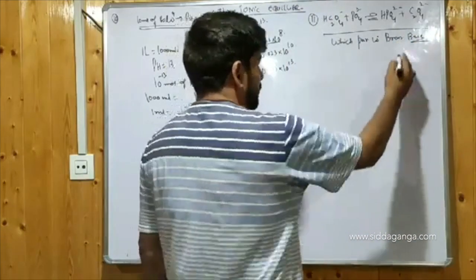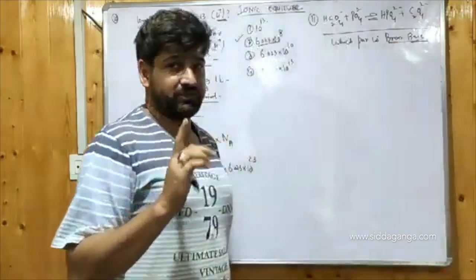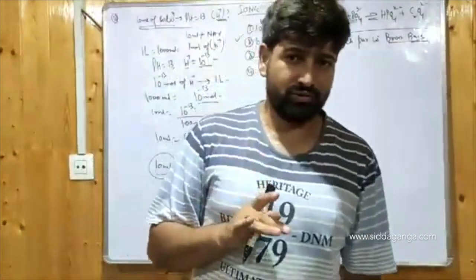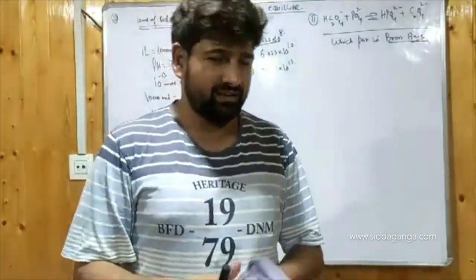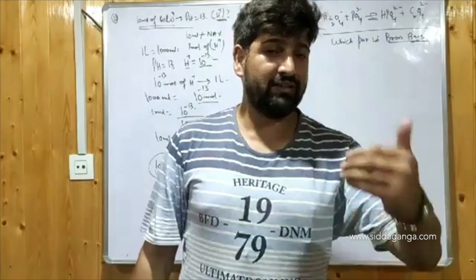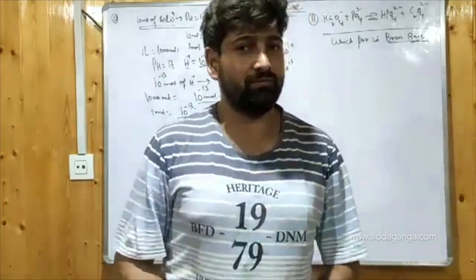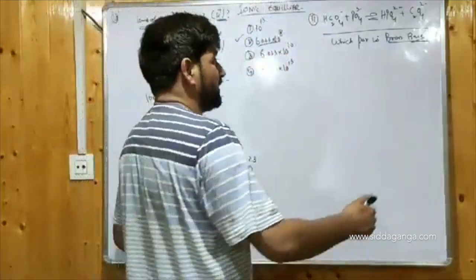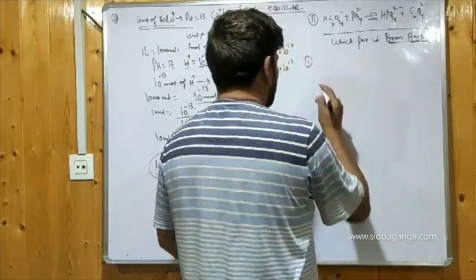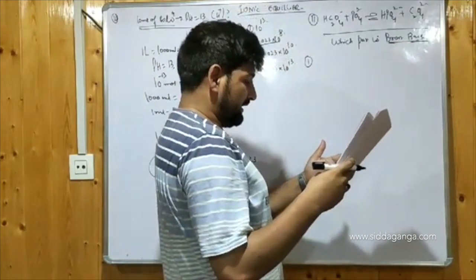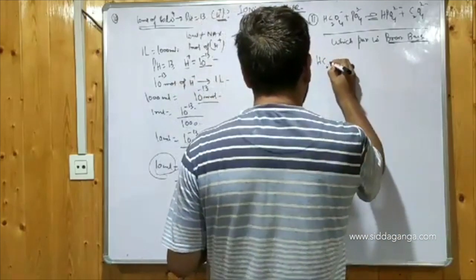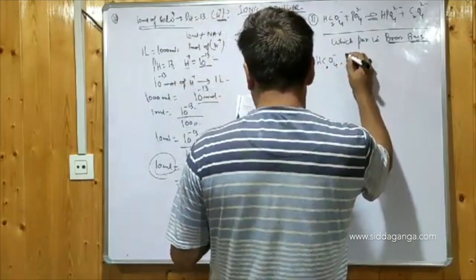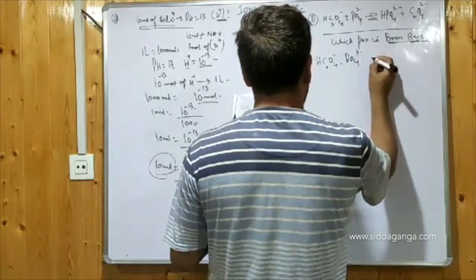Yes. So we have three concepts of acids and bases: Lewis concept, Bronsted-Lowry's concept, and Arrhenius concept. According to Bronsted-Lowry's concept, anything that's able to release H plus is acid, and anything which is able to accept H plus is a base. Our question is a pair of Bronsted bases. So the options that are given to you are HC2O4 minus and PO4 3 minus.